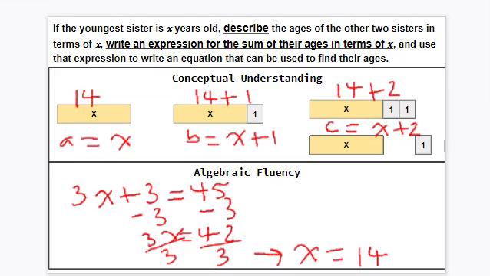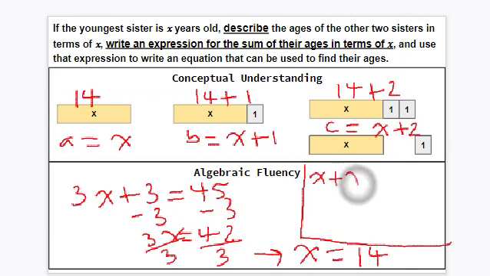Okay, so if the youngest sister is x years old, describe the ages of the other two sisters in terms of x. Write an expression for the sum of their ages in terms of x. So we may say here that their ages are x plus 1 plus x plus 2 is equal to 45.